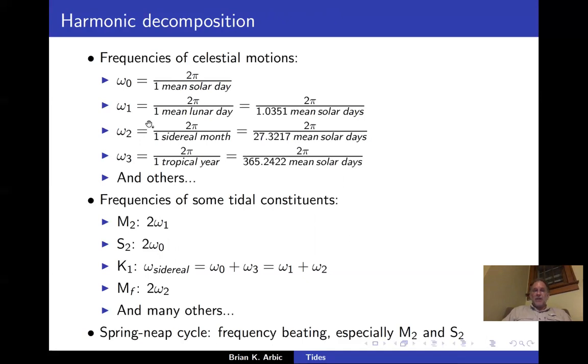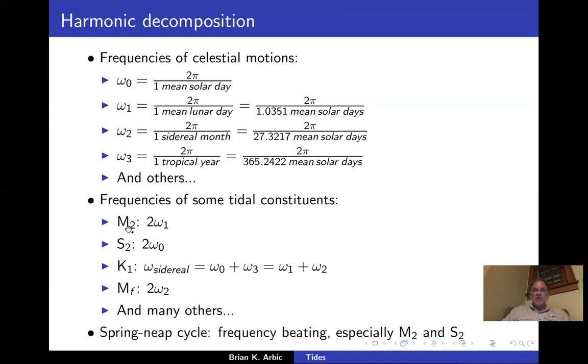And let's let omega 1 be 2 pi over 1 mean lunar day, in other words, 2 pi over 24 hours and 50 minutes. And let's let omega 2 be 2 pi over a sidereal month, and omega 3 be 2 pi over a year, and then there's many other frequencies of celestial motion. So the frequencies of the tidal constituents are basically multiples, sums, and differences of these basic tidal frequencies.